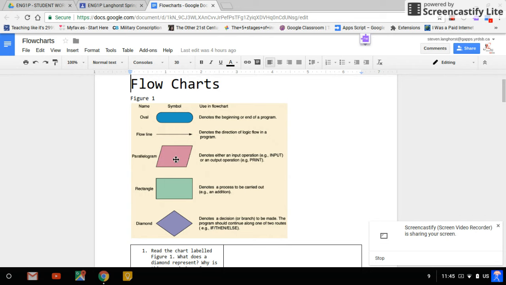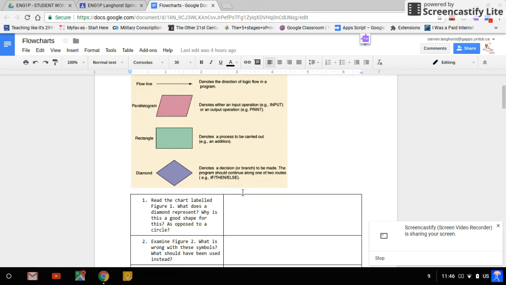It's a way to show something going out. The rectangle is like a calculation, where you add one to something or multiply times 100. It's a calculation box.